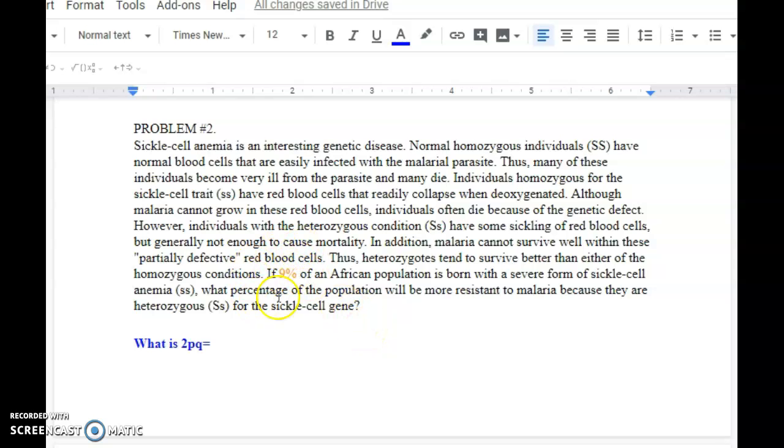So that's going to be your Q squared, and that's what you're going to start to work from. Keep in mind when you put 9% into a decimal, it's 0.09, okay? Watch out if you miss that. So when you read this, you need to find out how many people are heterozygous, or what is 2PQ. That's what you need to find in this problem.